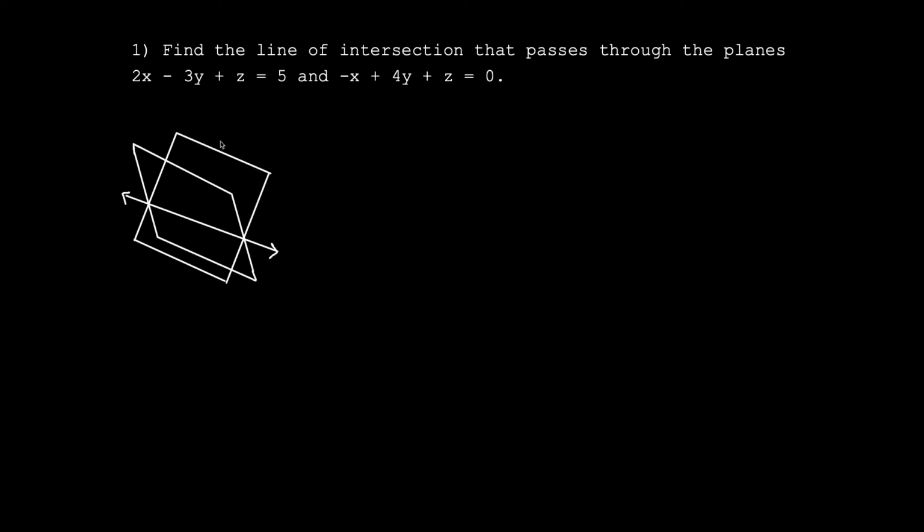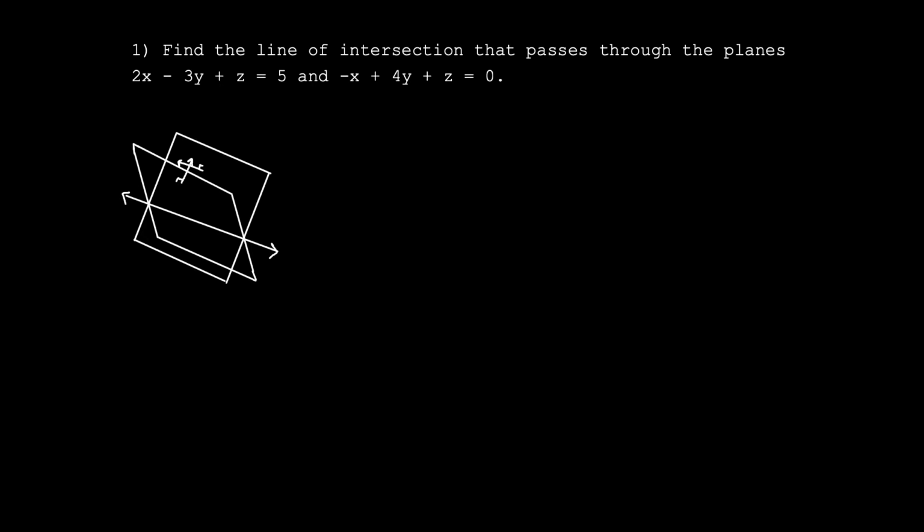So here I have drawn two planes, and we want to find this line that is created by the intersection of these two planes right here. Now the strategy that we're going to impose is we're going to find the normal vector of both planes first. And remember that the normal vector is perpendicular to the plane and points outwards from it.